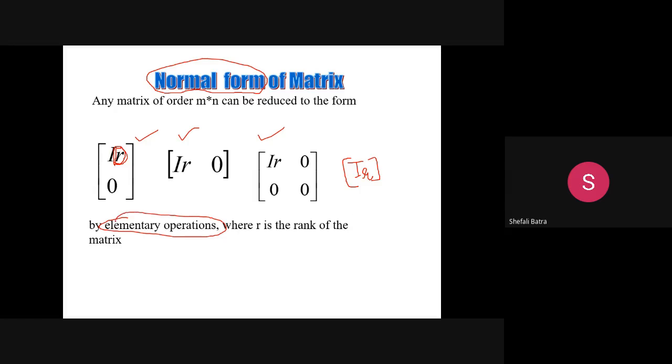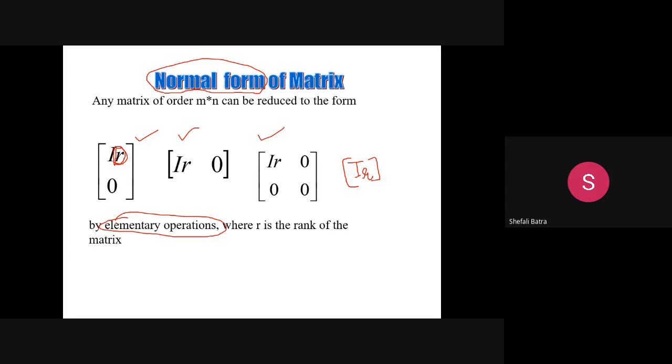When I'm saying elementary operation, it means you can use row operation as well as column operation. When I'm specifically saying elementary row operation, it means you need to use only row operation. To find the rank of a given matrix, you use row echelon form, where only row operations are allowed.